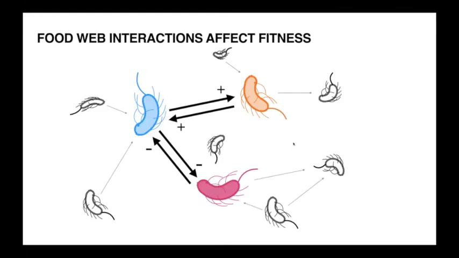So the idea with the microbiome is that these bacteria are also carriers of genetic information. They're almost like a genetic locus, and the interactions between them can also produce different phenotypes. And so you have the blue bacterium and the orange bacterium. They have a positive interaction between them, but if you put in the pink bacterium, that has a negative impact on the blue one.